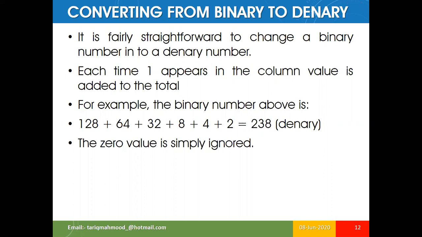Each time a 1 appears, the column value is added to the total. For example, for the binary number in the previous slide, we add 2, 4, 8, 32, 64, and 128, and the total becomes 238. How do we get this number 238?